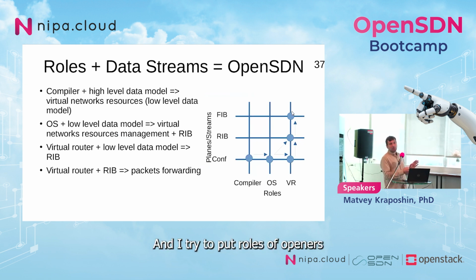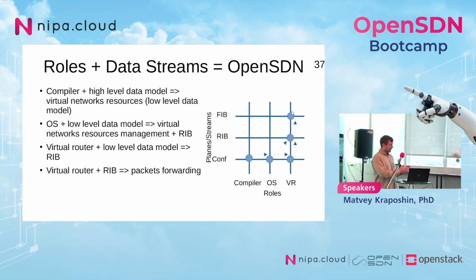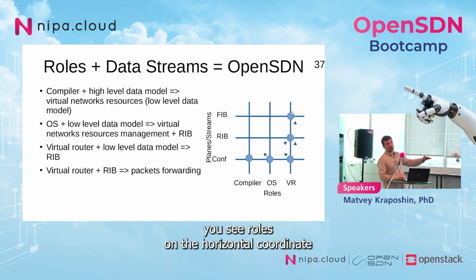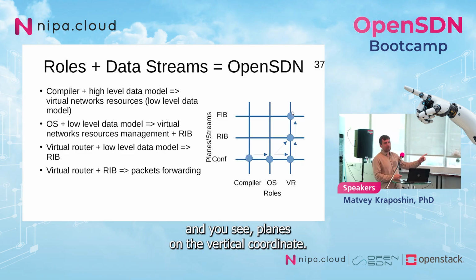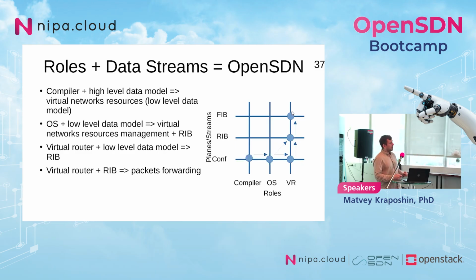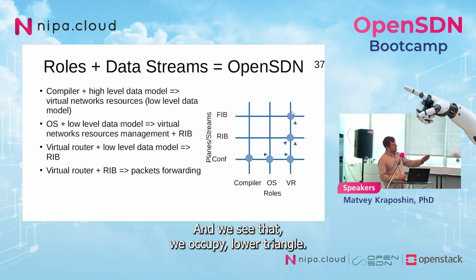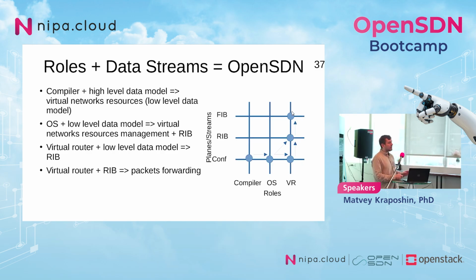And I tried to put the roles of OpenSDN and the streams on one plane. You see roles on the horizontal coordinate, and you see planes on the vertical coordinate. And we see that we occupy the lower triangle.